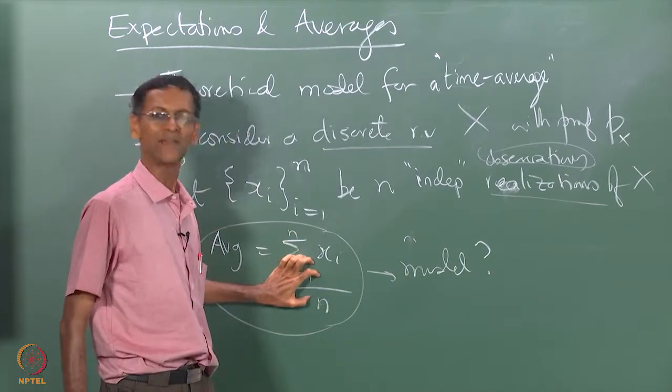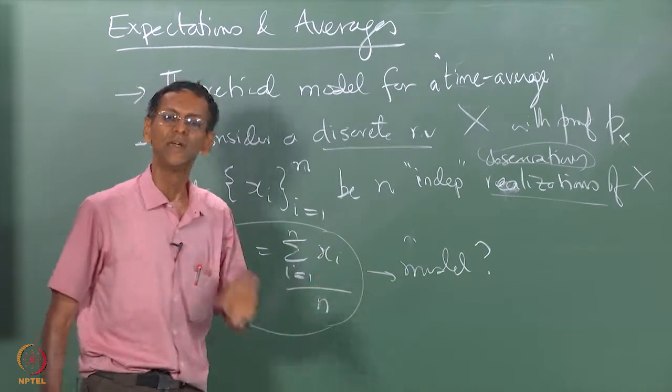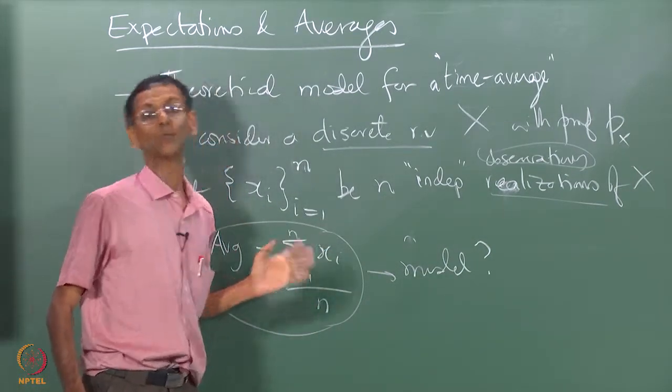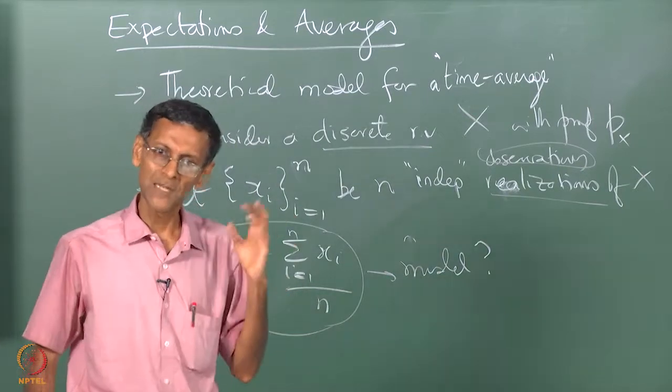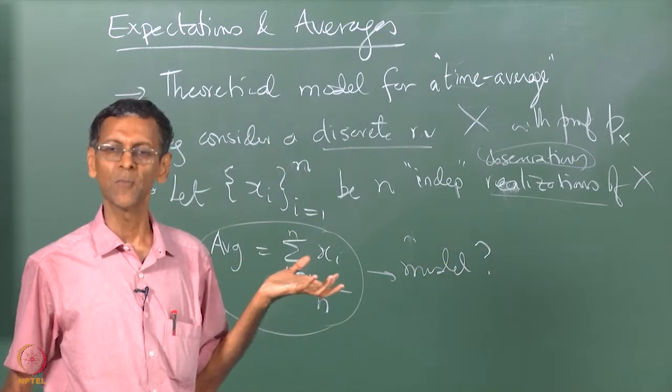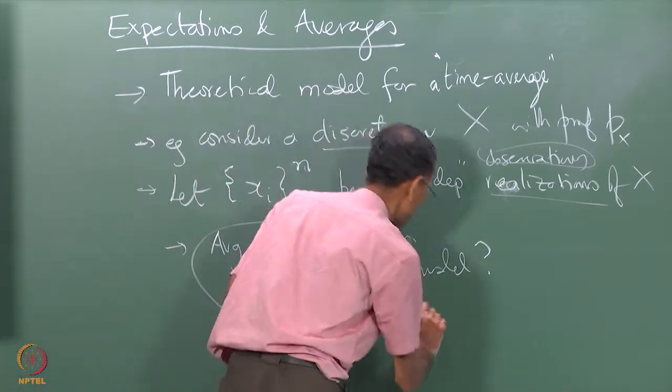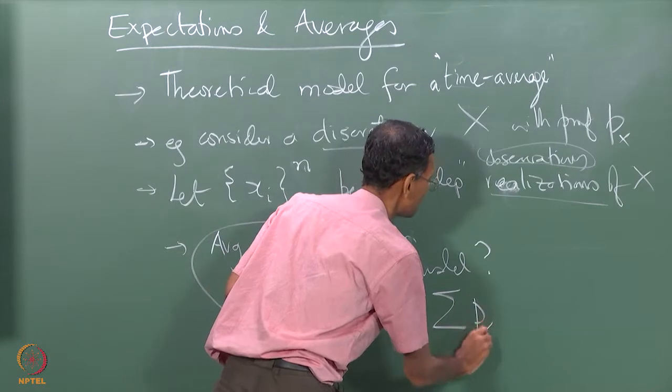If you look at that portion of this fraction, it will tend to px of that value as n becomes large, multiplied by the value that the random variable is taking. So I am going to say that the model is basically this.